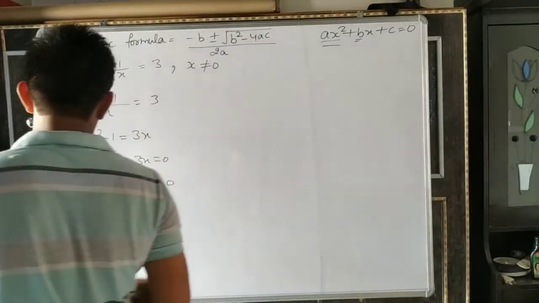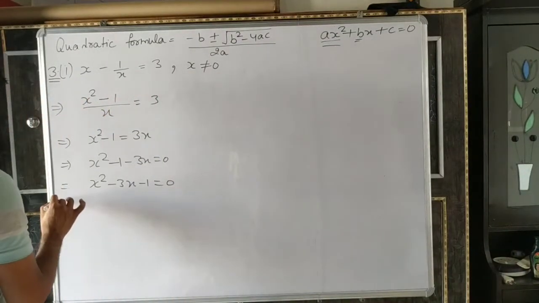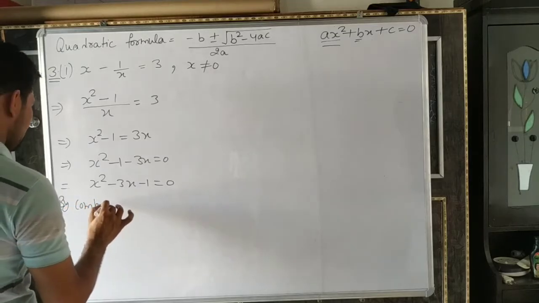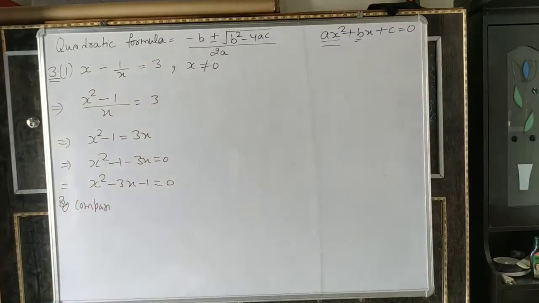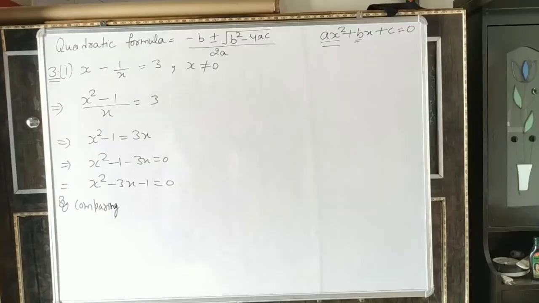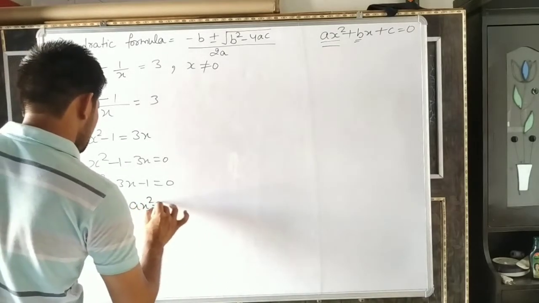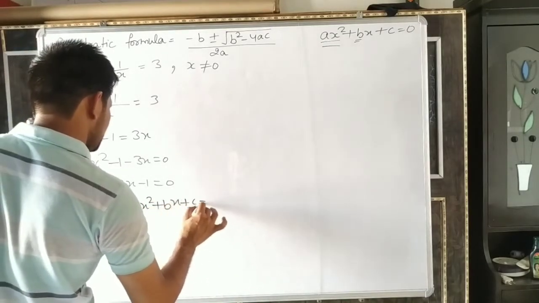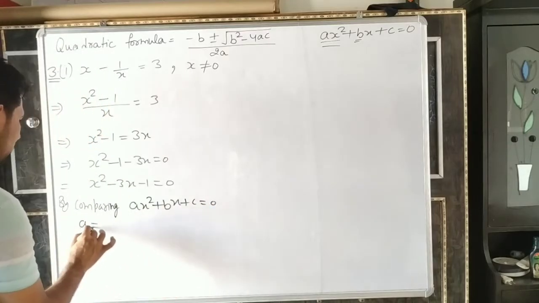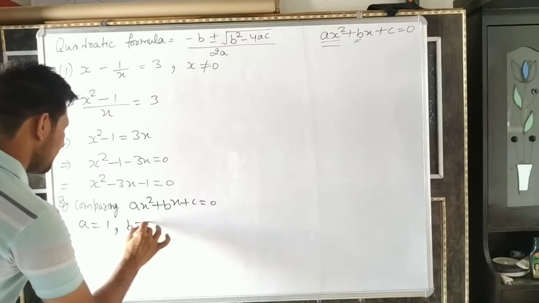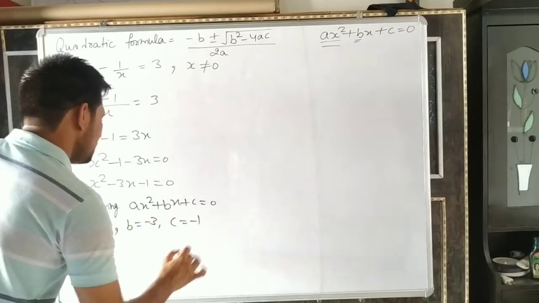So we will write, by comparing with ax square plus bx plus c equal to 0, a equal to the coefficient of x square, how much? 1. B is minus 3. C is also minus 1.